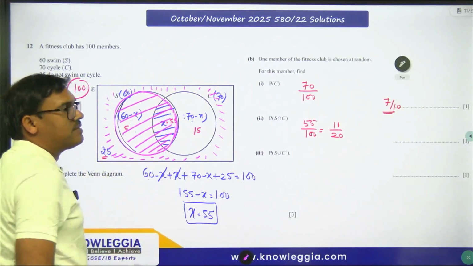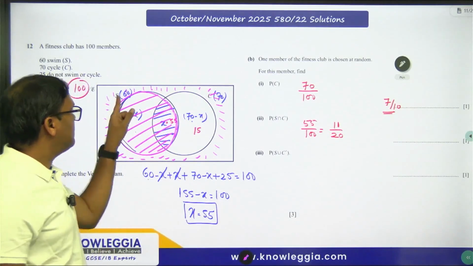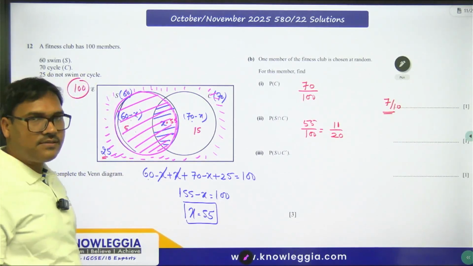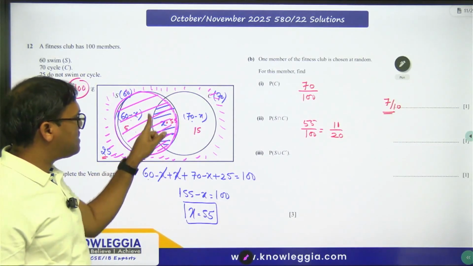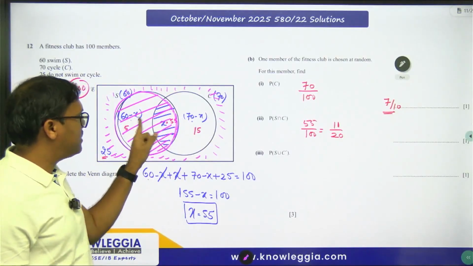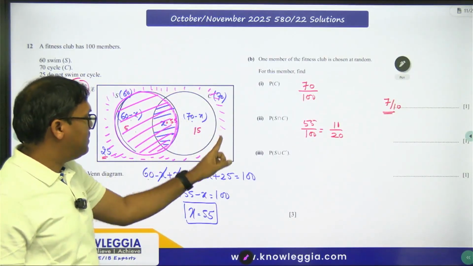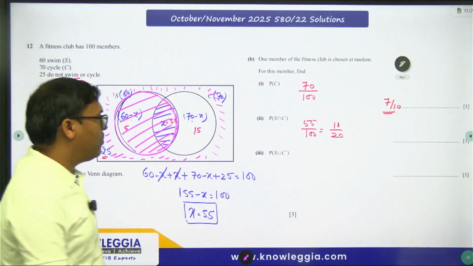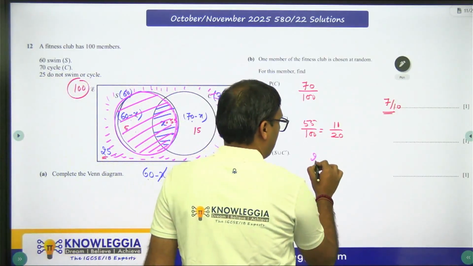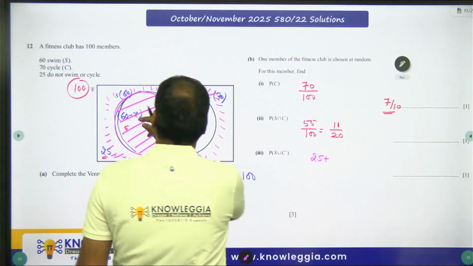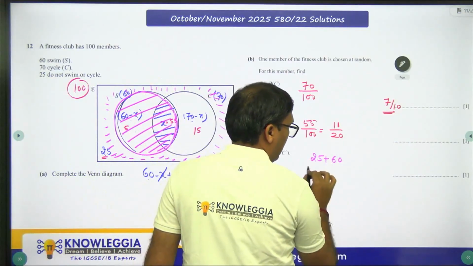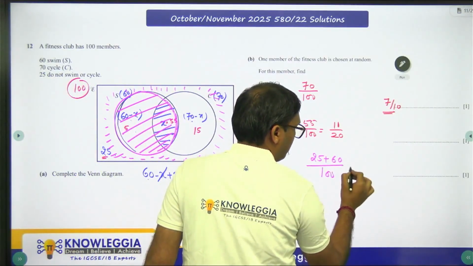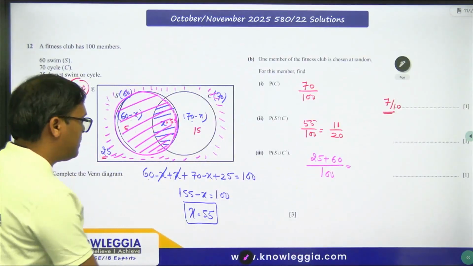So how many members are such that you can see this is 60 members inside this S, and outside this circle we have already counted this part. So outside the circle we have this also, which is 25. So this is 25 plus S. What is S? 60. That is 60 upon total is 100. I hope this is clear. So this is the shaded region.